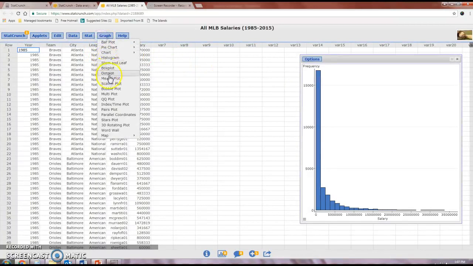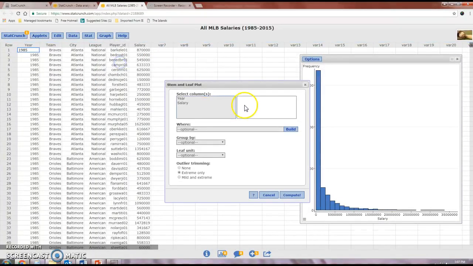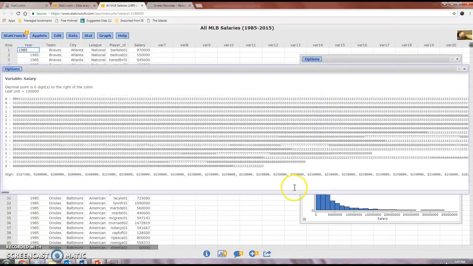But the moral of this story is that we could get a stem and leaf for the salary. Let's see. Okay, so it looks like we got a lot of salaries, and then not so many in the 800,000, 700,000 range.